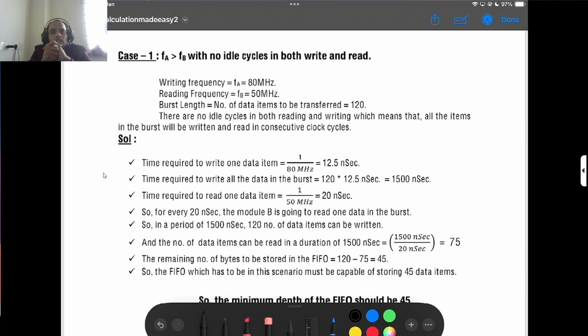There are no idle cycles in both reading and writing, which means that all the items in the burst will be written and read in consecutive clock cycles.